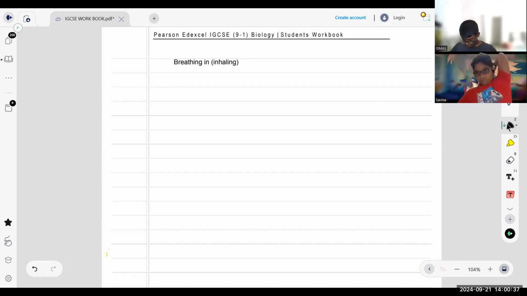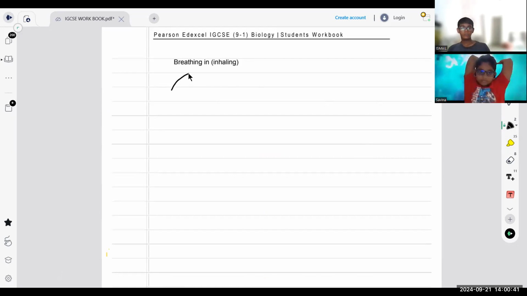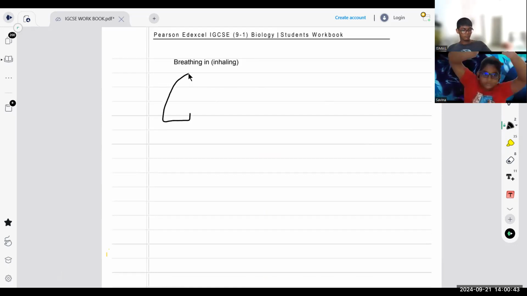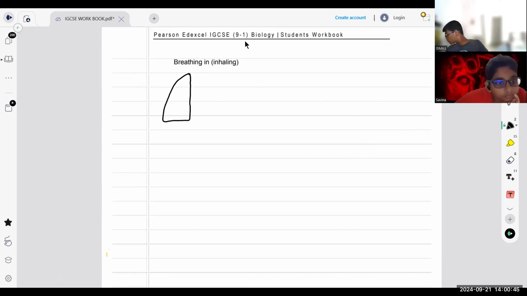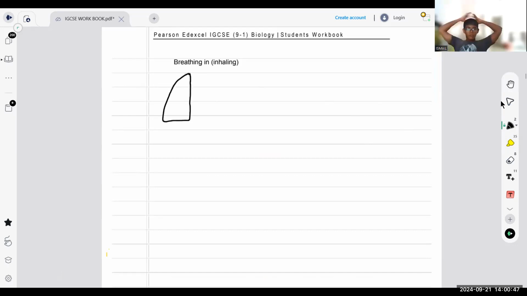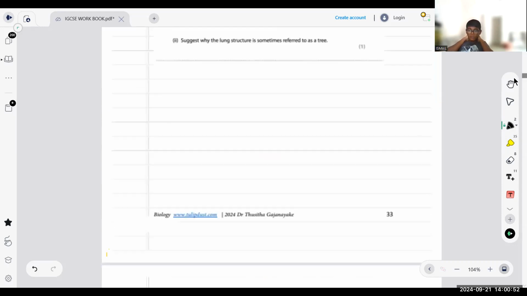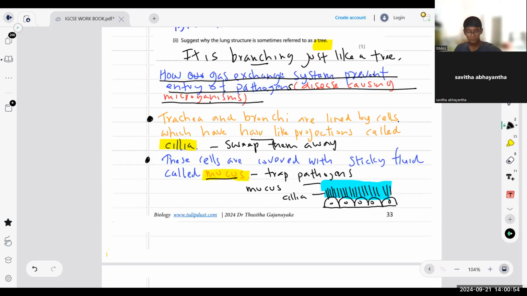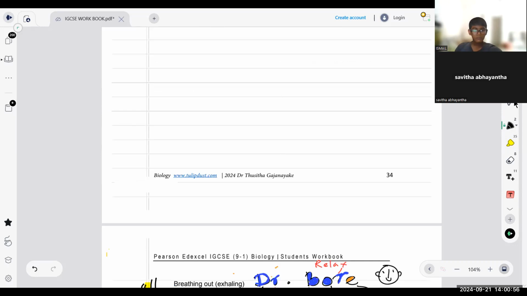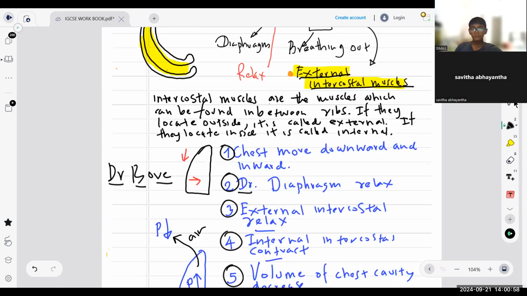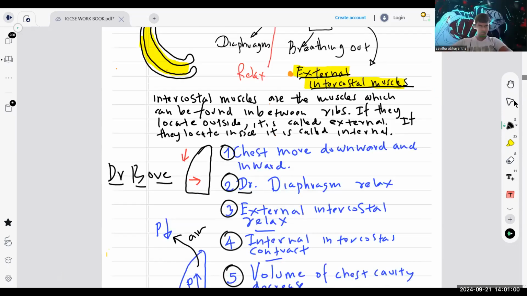So, breathe in. You can check again what happens to your chest cavity when you breathe in. Try to take a deep breath and see what is going to happen to the chest. It goes forward and the chest moves upwards.